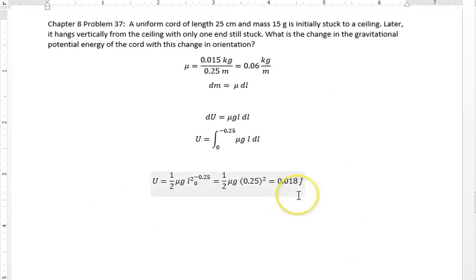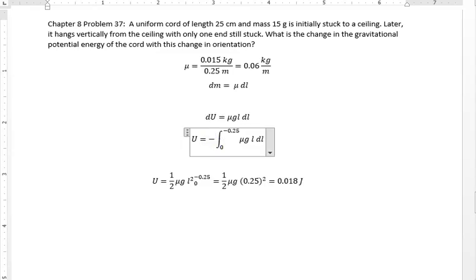Okay, so now that we've had the chapter 9 lecture, we also know we could just treat this as a point particle at its center of mass, right? And you know, I think I need a minus sign in here somewhere.